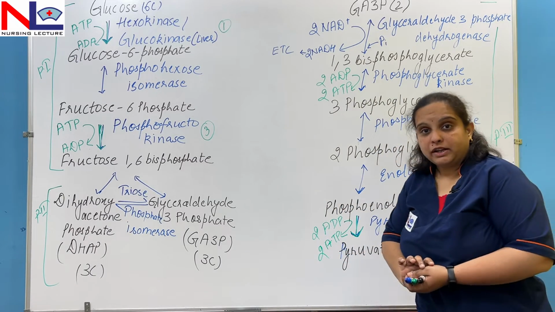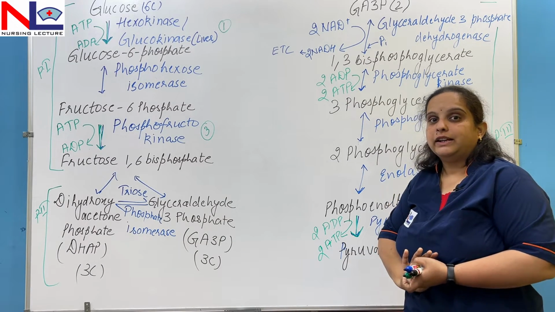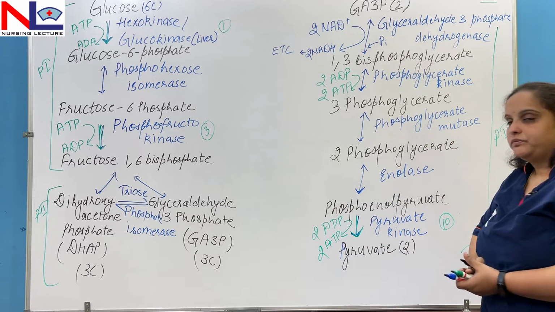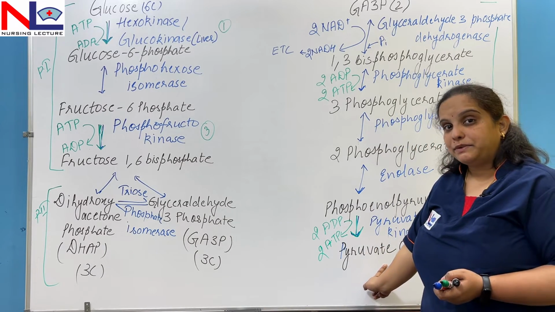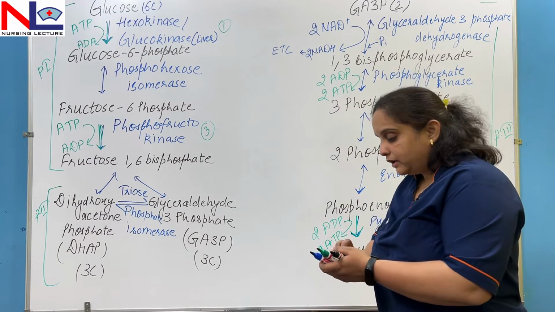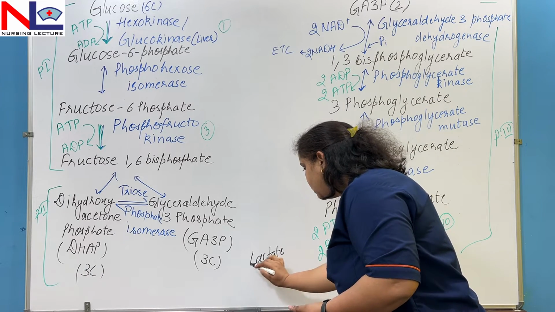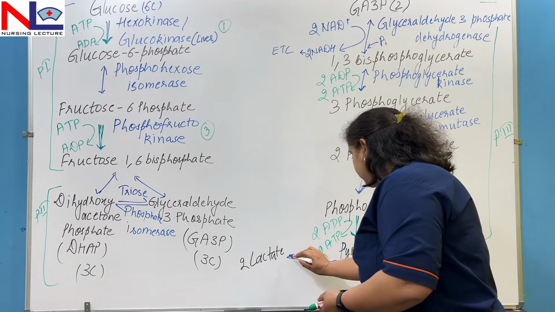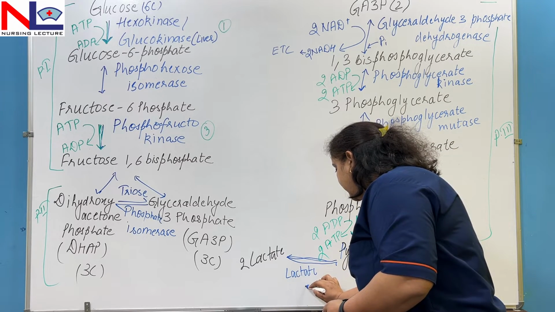So in aerobic condition, in the presence of oxygen, the glucose gets broken down, oxidized and forms 2 molecules of pyruvate. But in anaerobic condition, when the pyruvate will not be able to enter the Krebs cycle in the mitochondria, then this pyruvate in the cytosol itself gets converted into lactate, 2 molecules of lactate, with the help of the enzyme lactate dehydrogenase.